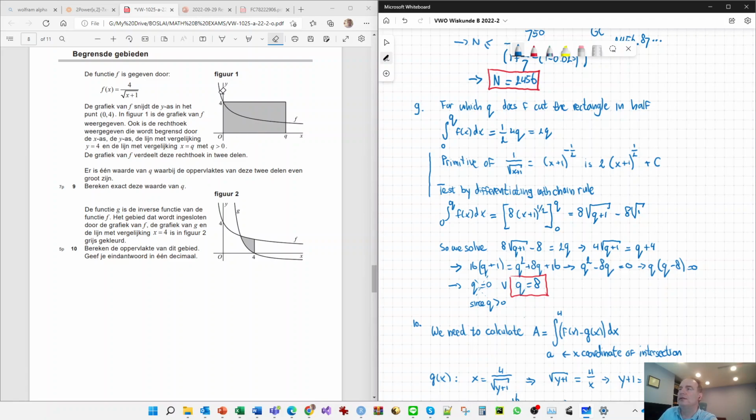And basically you can see this function f is cutting the rectangle in 2 parts. And they ask for which q, so which size of rectangle, these 2 areas within the rectangle, cut by f, are equal.